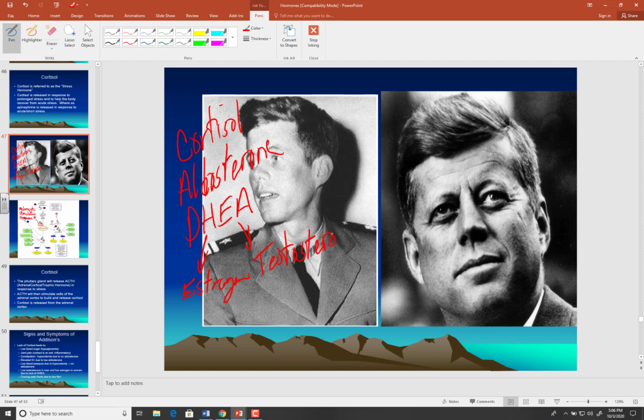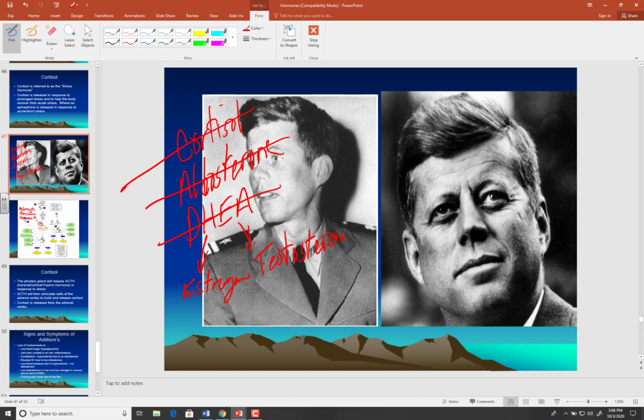Now, the testes are the primary producer of testosterone, however, the adrenal cortex will kind of make up for that. So in people with Addison's disease, they lack cortisol, aldosterone, and DHEA.